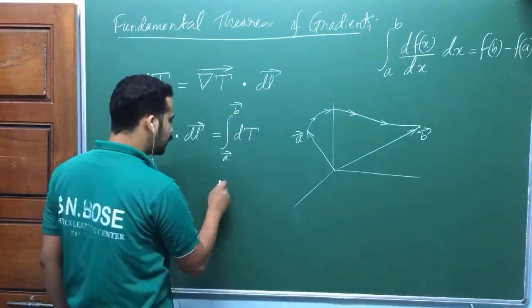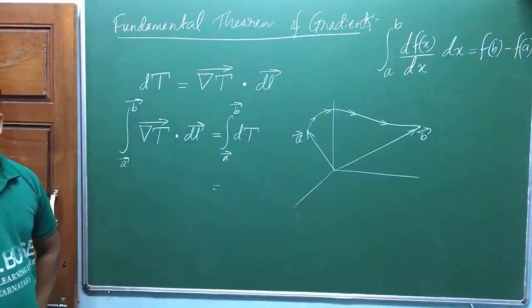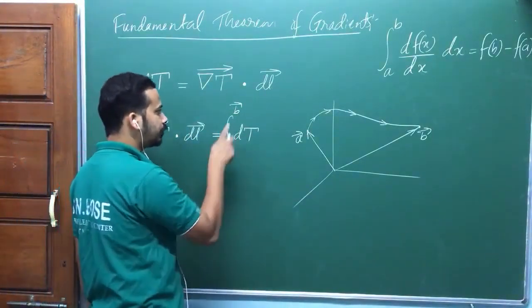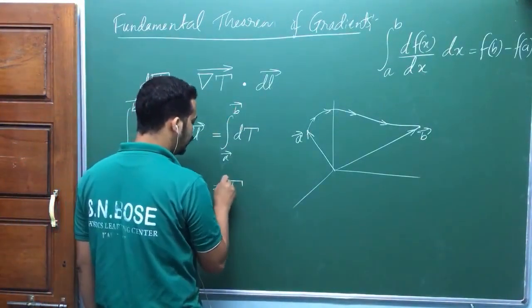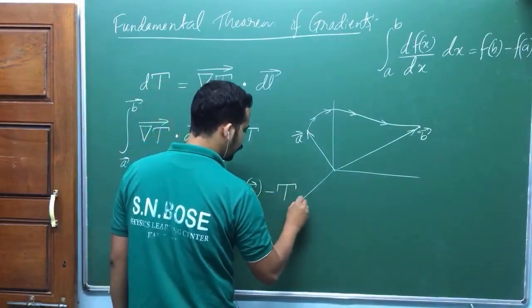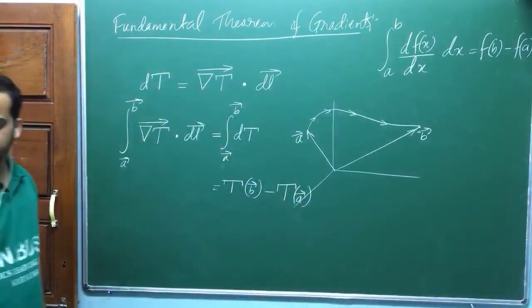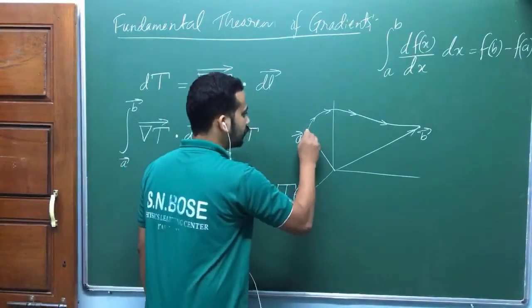So that total change in t, this is a change in t, am I right? Change in some scalar field t. So this is a total change in t. When you move from A to B, the total change in t is t at B minus t at A. Isn't it? Because A and B are 2 points, remember.